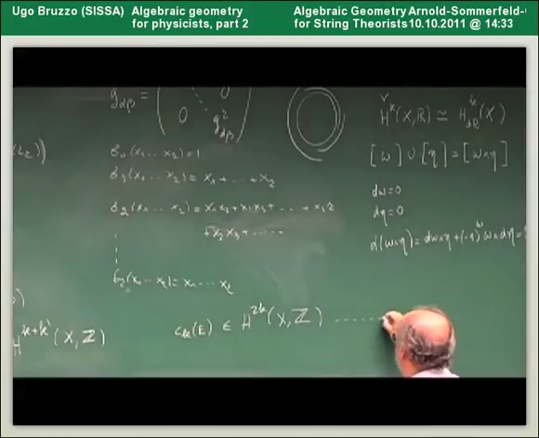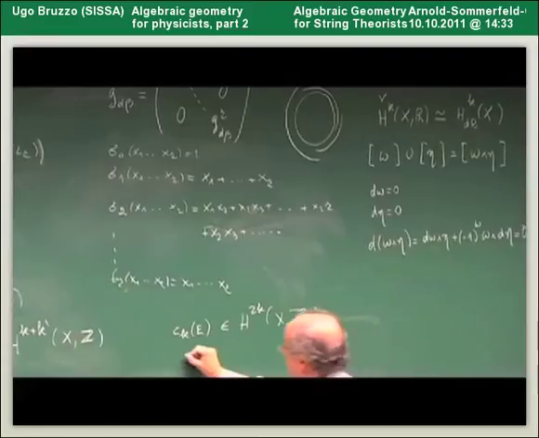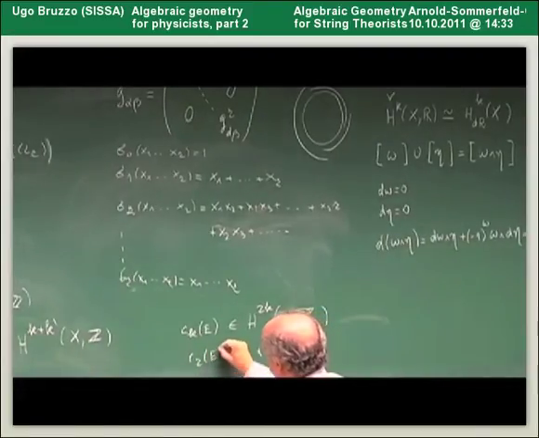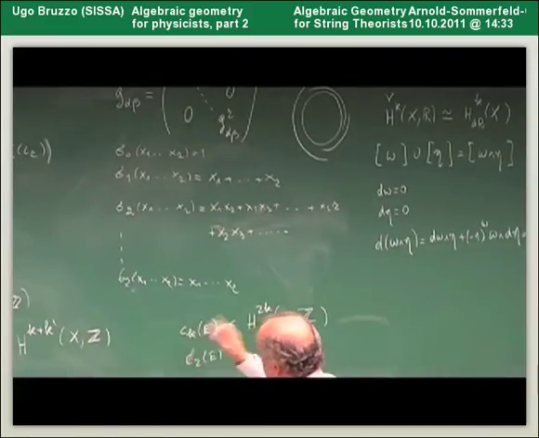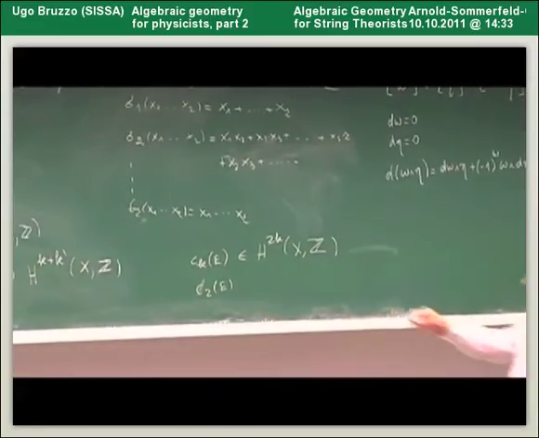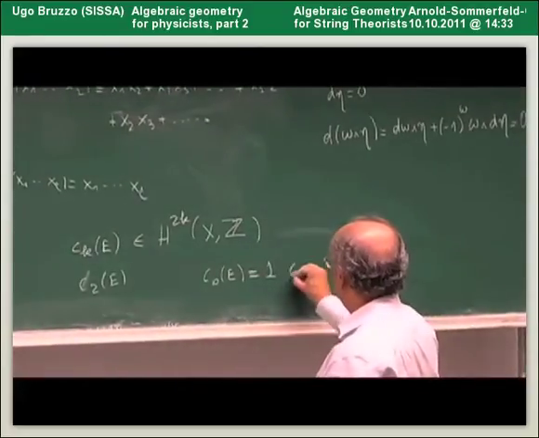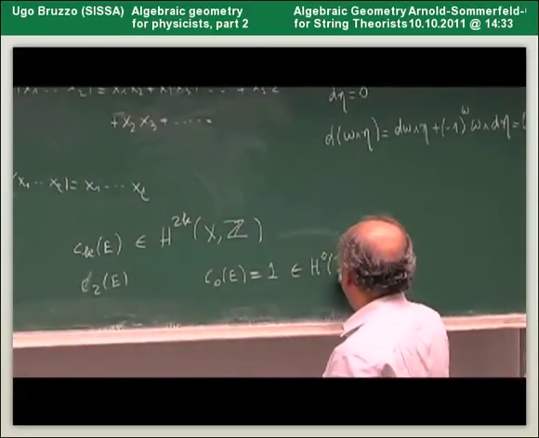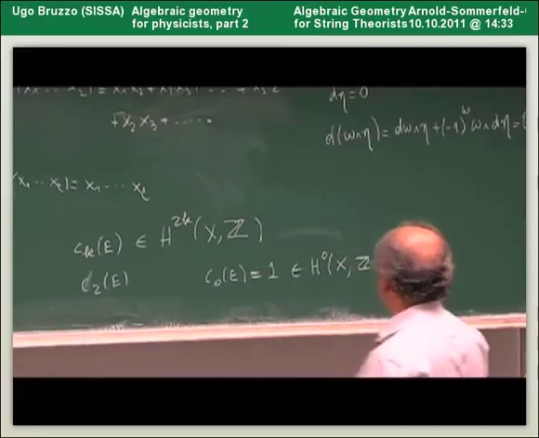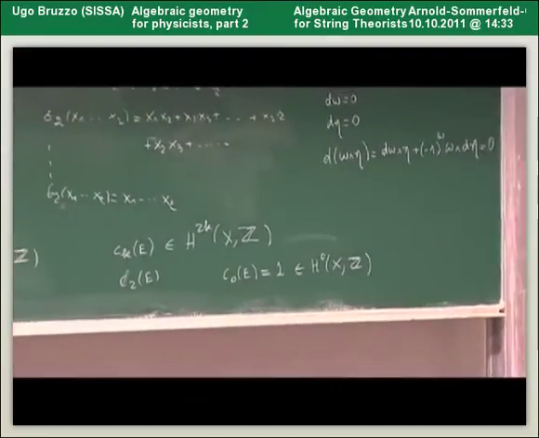So we have this all the way to c_r. And then one usually says that the higher Chern classes are just 0. And c_0 is just defined as 1, regarded as an element in H^0 of Z.